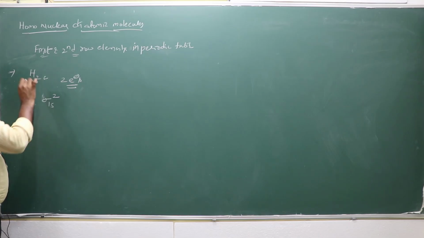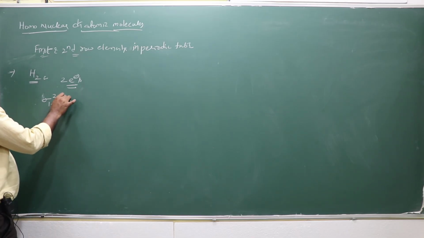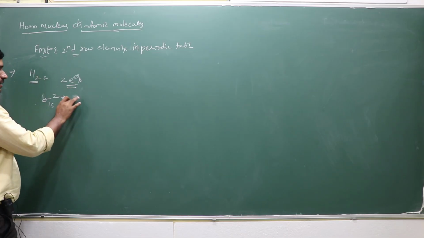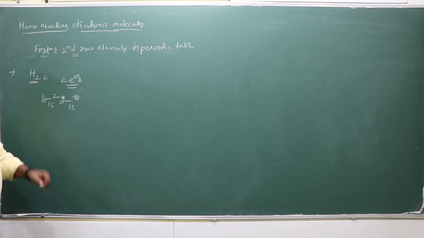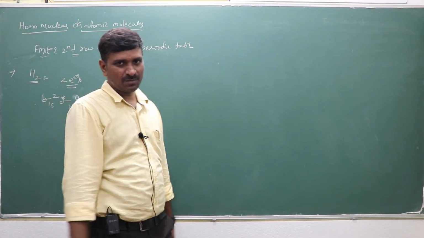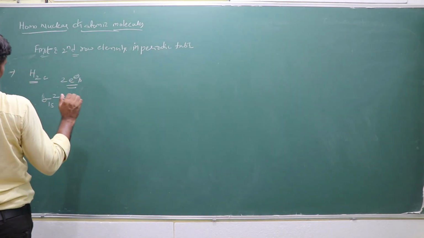Sigma 1s2, sigma is bonding. And the next immediate one is sigma star, the anti-bonding molecular orbital, that is 0. Sigma as well as pi is bonding due to that overlapping, right? And additive method like that.